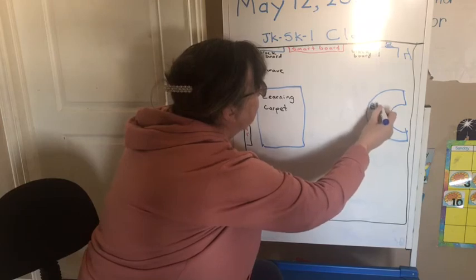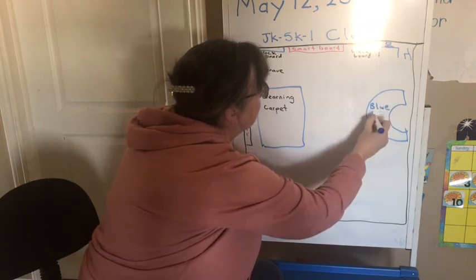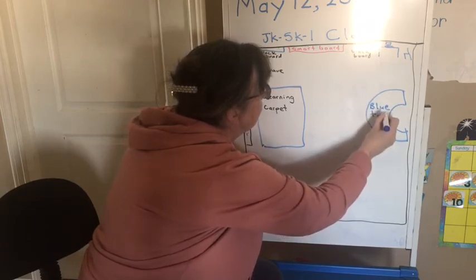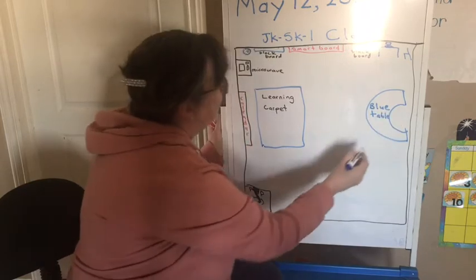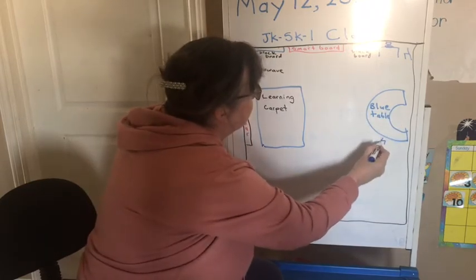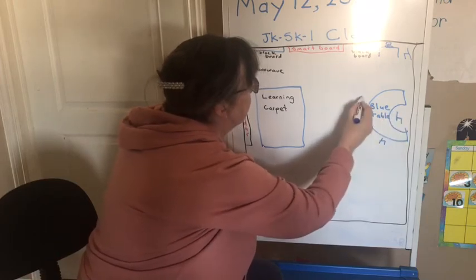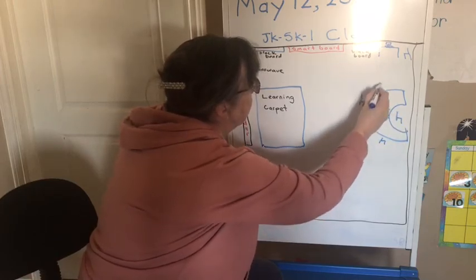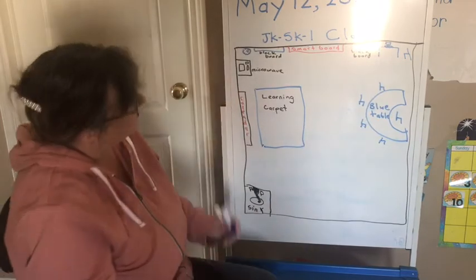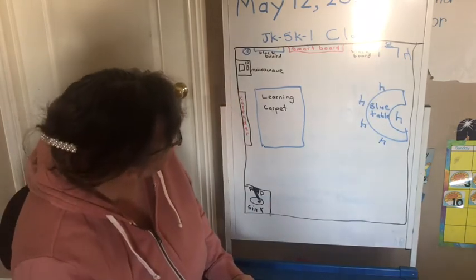I'll label it Blue Table. I'll do short form, I won't put of learning because that's a lot. And there's usually chairs by the Blue Table of Learning, right? One here for me. Right? So there's our Blue Table of Learning.